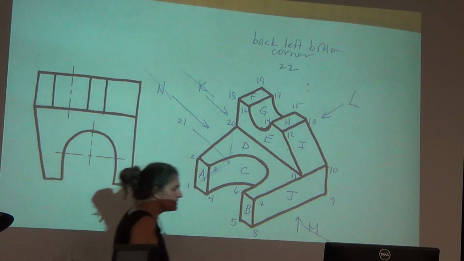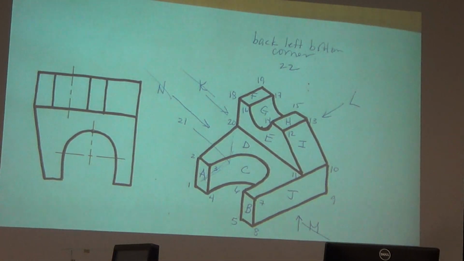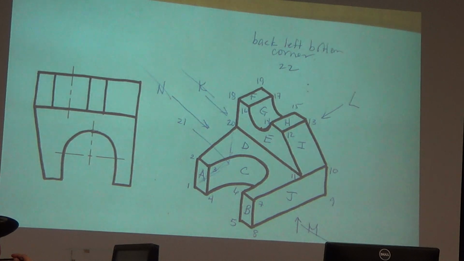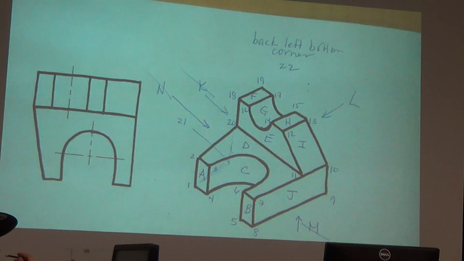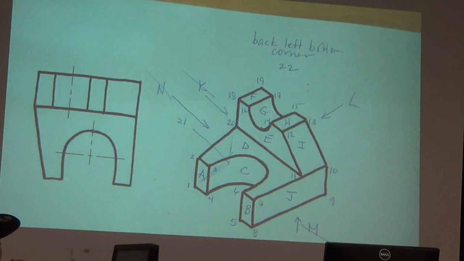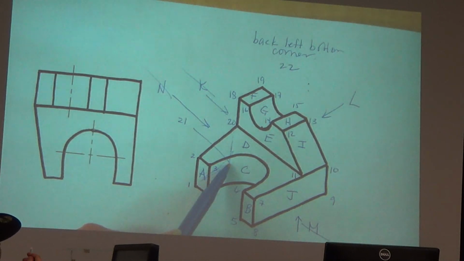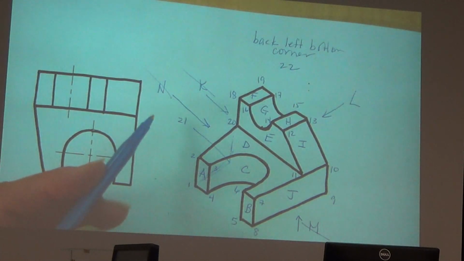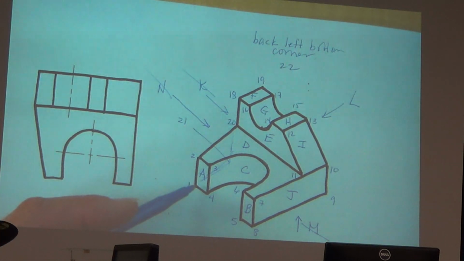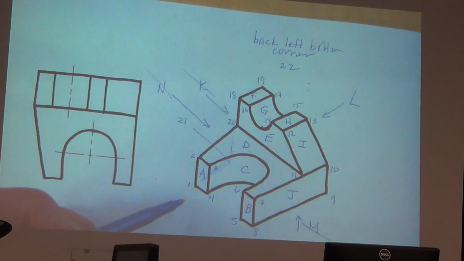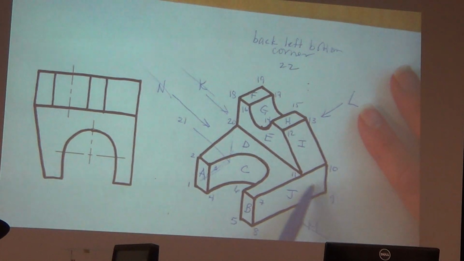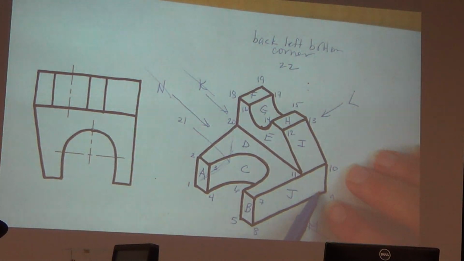Another point missing? Goes through the line of... goes through where? The 21. So if we keep going to the other corner, it will be behind 9, if you look at the profile. Point two.